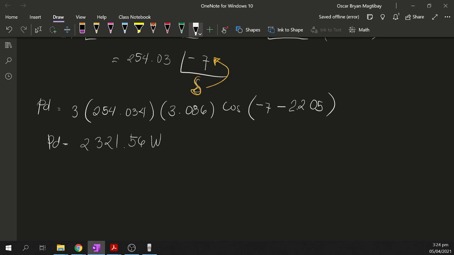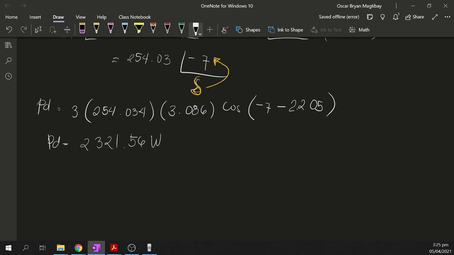Kasi, kung may load yan, there's a possibility na umangat yung power output natin to 50 horsepower at its full load. But since wala tayong nilagay na mechanical power output, ang madedevelop lang talaga natin power is very, very minimal. And that is around 2,321.56 watts.